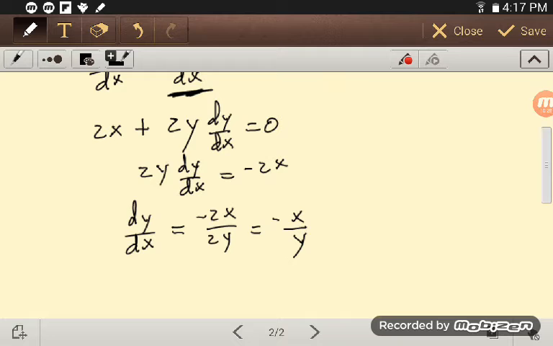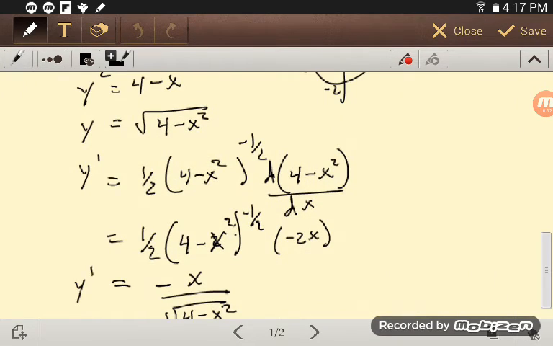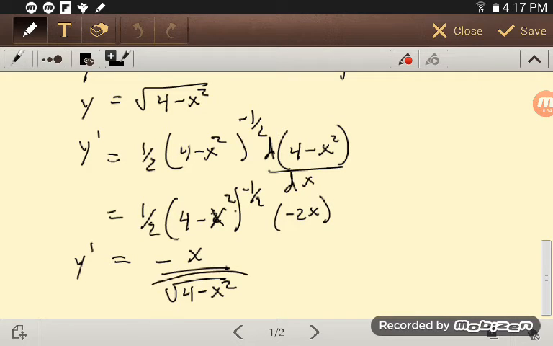Is that the same thing we got back here on page 1? Well, actually, yes it is, because look there, that is the function y. This is equal to negative x over y. Pretty nifty.